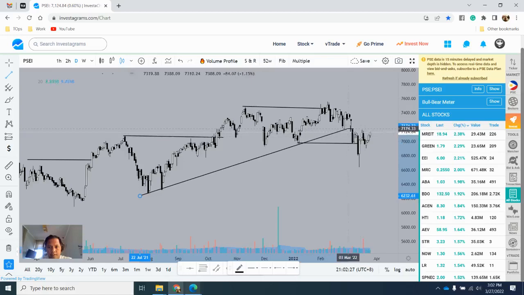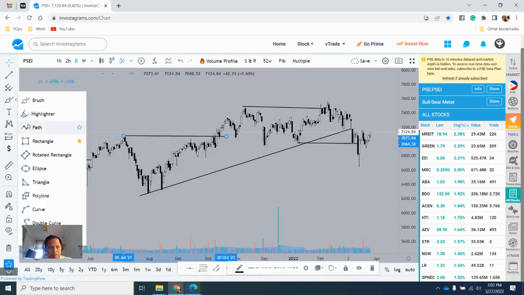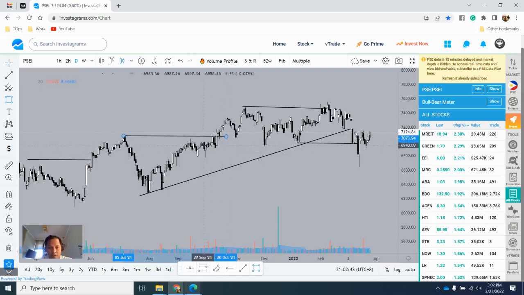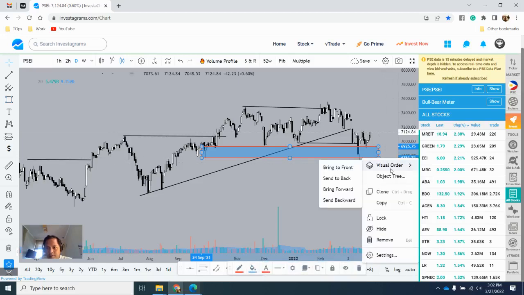So basically this kind of move is stopping out those traders who are long in the index, stopping out all the traders who are putting their stop losses here. So if you are long in this market, most probably you have your stop loss set somewhere here, right? Right now all of those were stopped out.